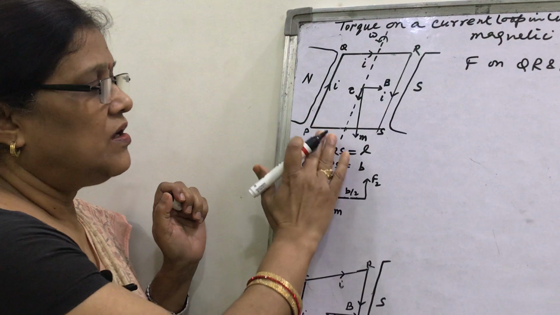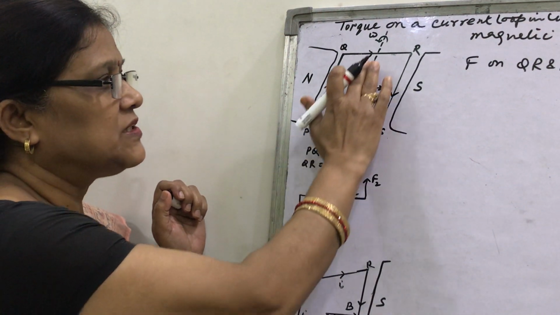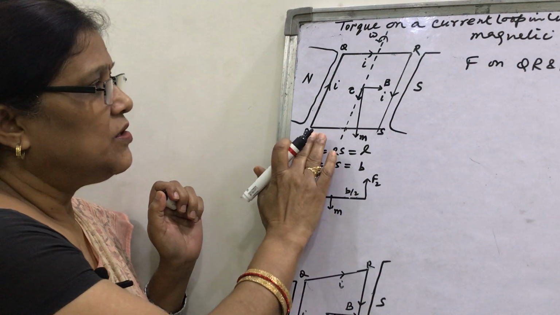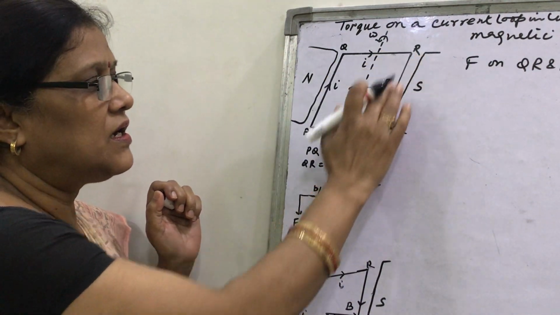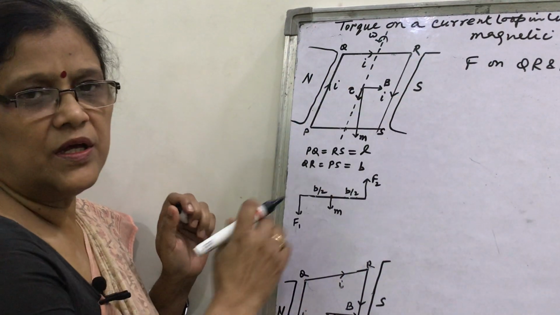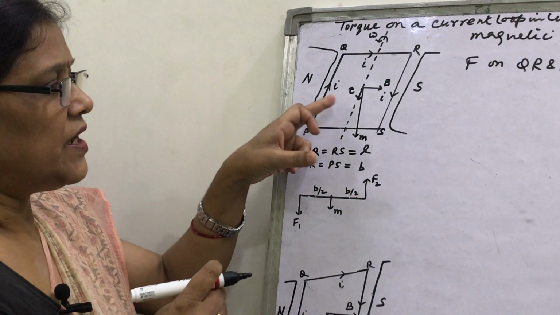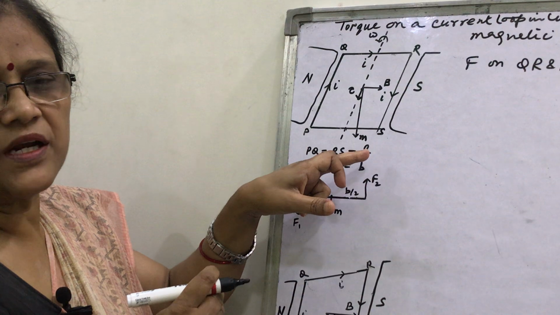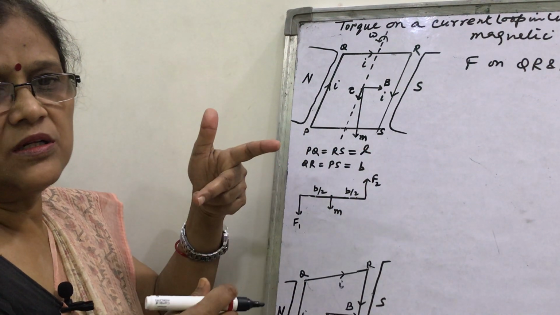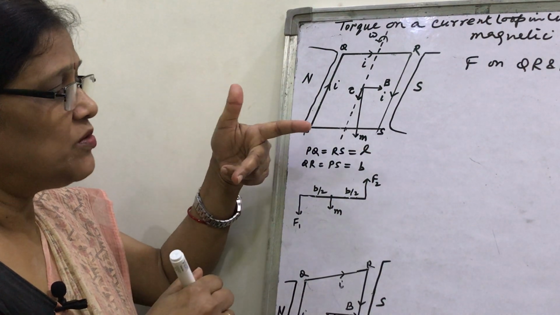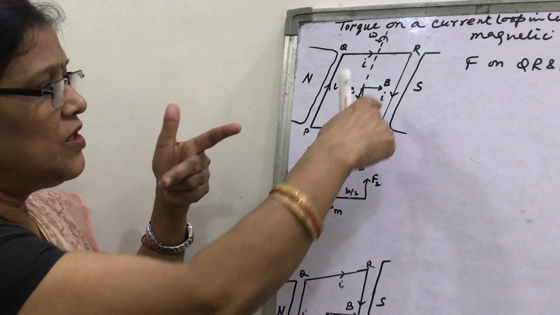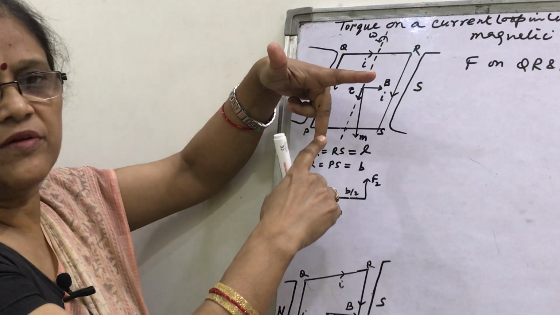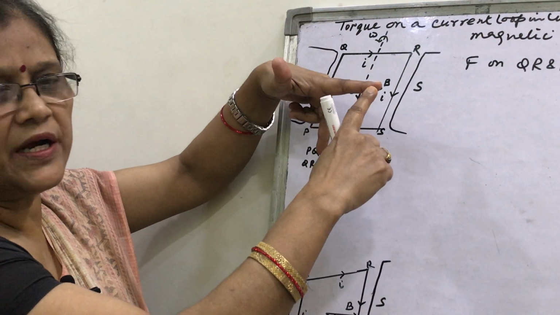This frame, this rotational axis is shown by the dotted line. Look, in PQ and RS we have the steady current I, but in one arm the current is upward and in this arm the current is downward. Using Fleming's left hand rule, for the RS arm the current is downward, middle finger, magnetic field.